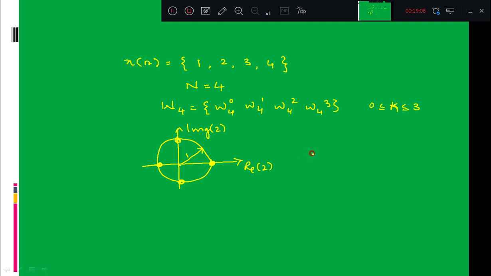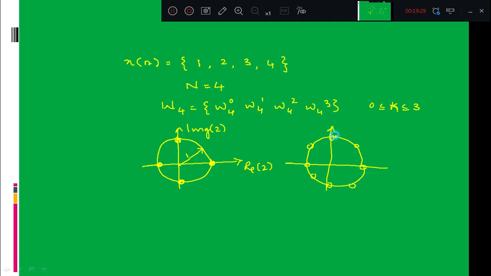If I want to locate 8 points, then again you need to draw the circle, and over this you have to locate all 8 points. So I will start with 1, 2, 3, 4, 5, 6, 7, and 8.